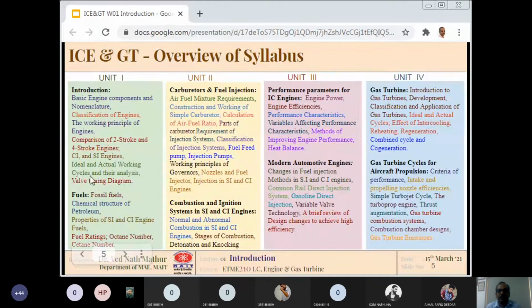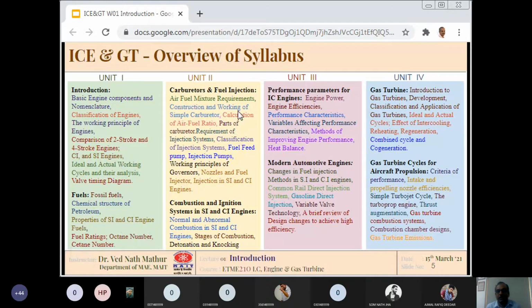One of the experiments is to draw the valve timing diagram of the engine. Then the second part of the first unit is on fuels: chemical structure of the fuel, properties of SI and CI engine fuels, and fuel rating, something called the octane number and the cetane number of the fuel.